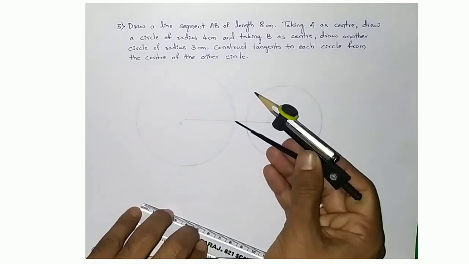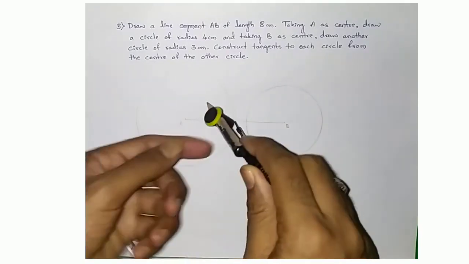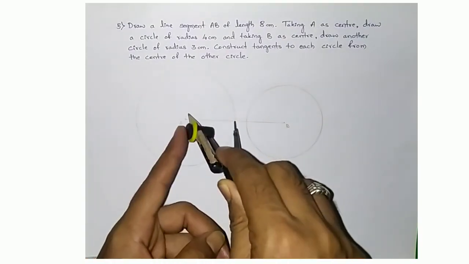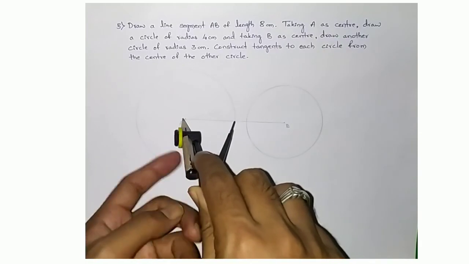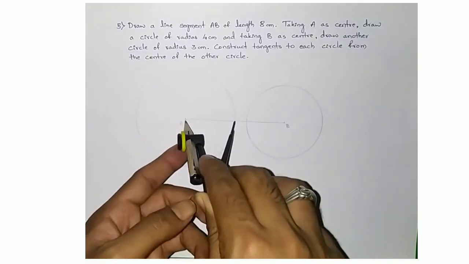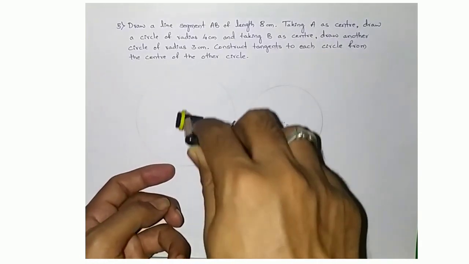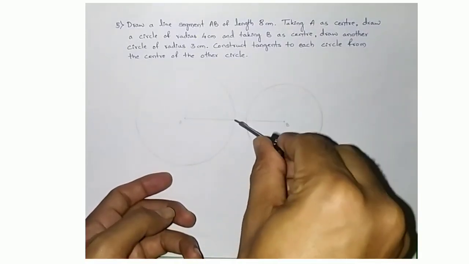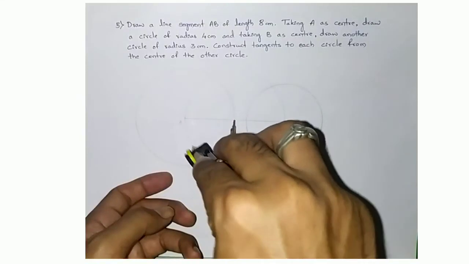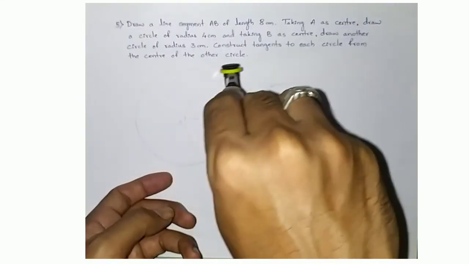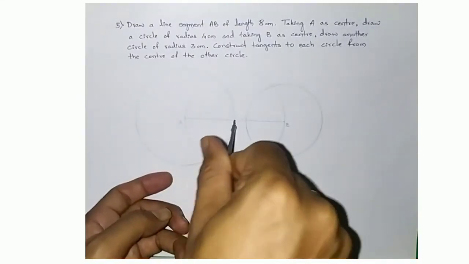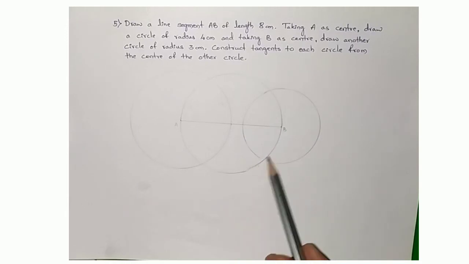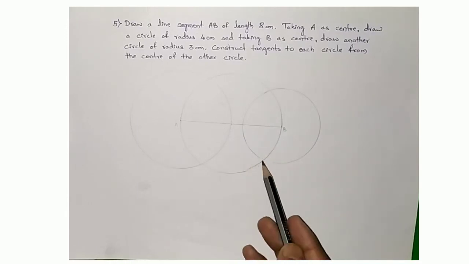So making it our center, draw the circle which will pass through A and B. Now this circle is passing through points A and B, and it will cut the two circles at two points.